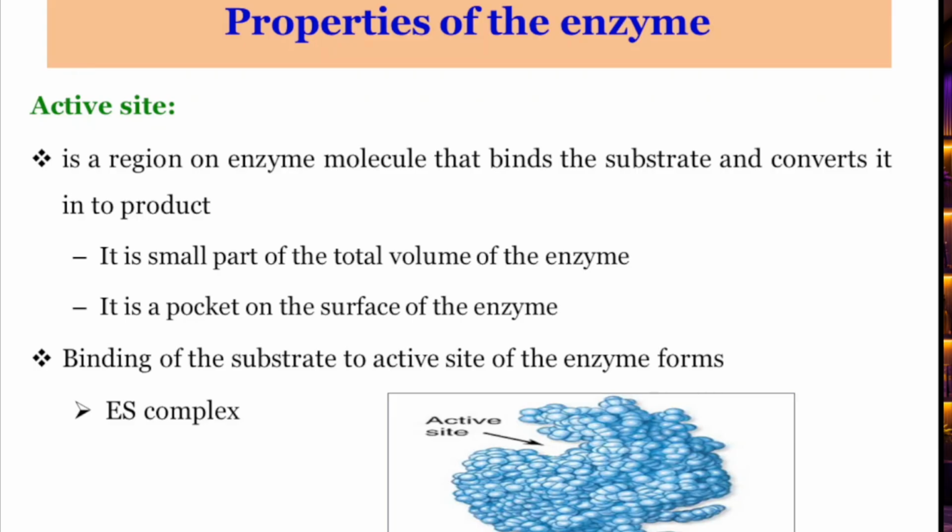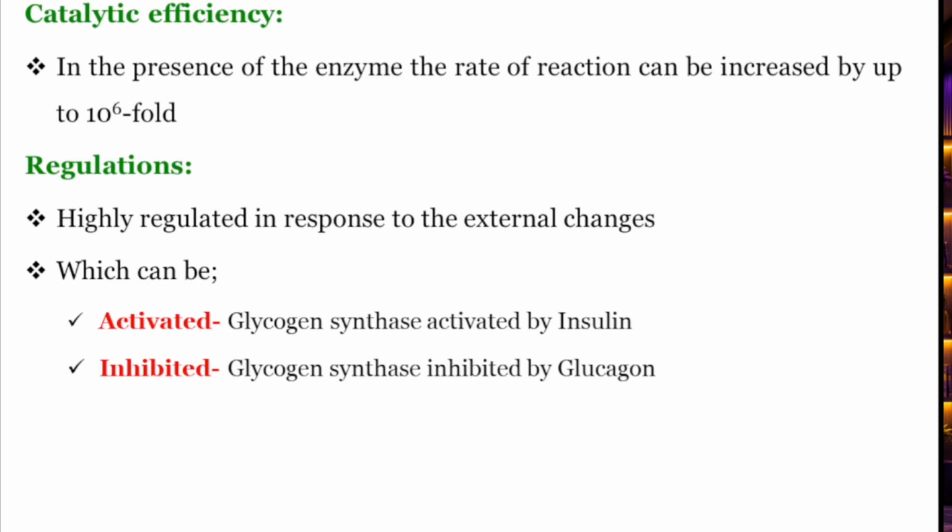The other is catalytic efficiency. In the presence of the enzyme, the rate of reaction can be increased by up to 10 to the power of 6-fold. The other characteristic is regulation. The enzyme can be activated or inactivated. For example, glycogen synthase is activated by insulin.